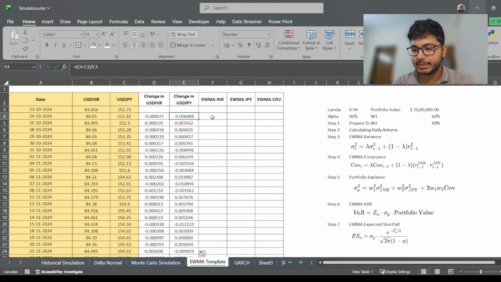So we have completed step two. We have found out the daily returns on dollar INR and dollar JPY.